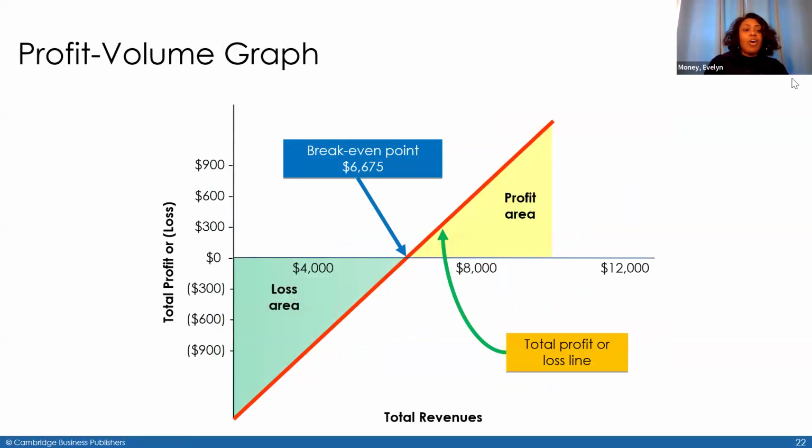Now, on this graph here, instead of having all of my costs and all of my revenues, we could condense it and turn this into a profit volume graph. So with the profit volume graph, as profit falls below zero, then of course that is my loss area. My break even point is on that x axis.